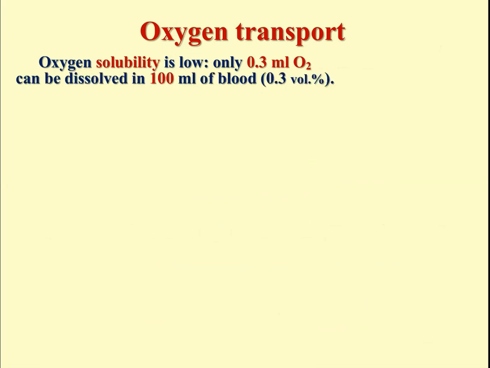And total amount per each 100 milliliters of blood of dissolved oxygen makes about 0.3 milliliters only. So in volume percent, it makes 0.3 volume percent. It's a very low value. So we understand that simply by dissolved state, oxygen transport is not possible. We need much more oxygen than only 0.3 per each 100 milliliters of blood.